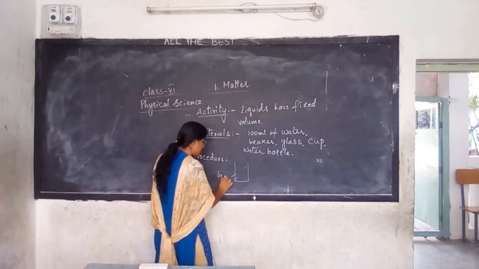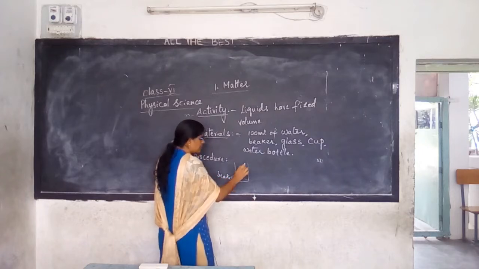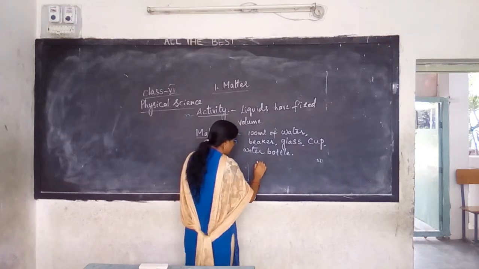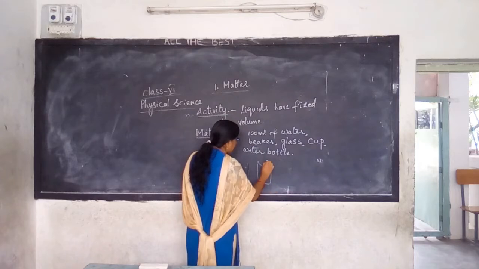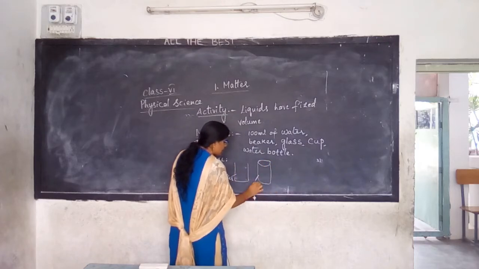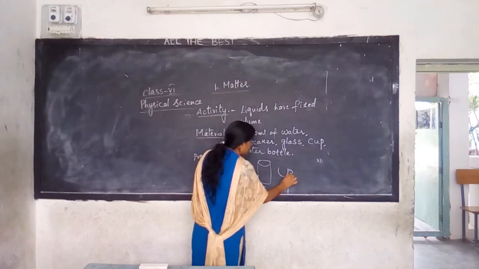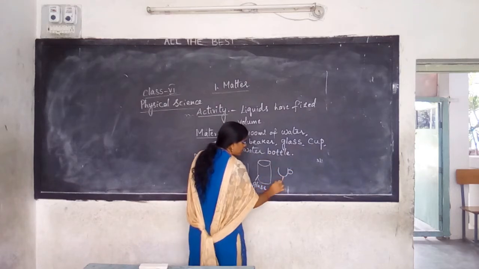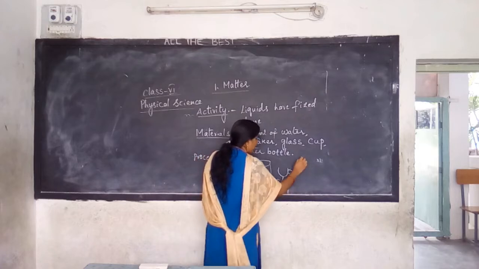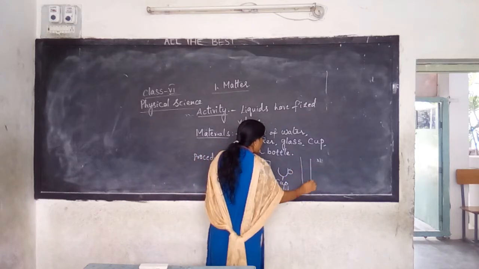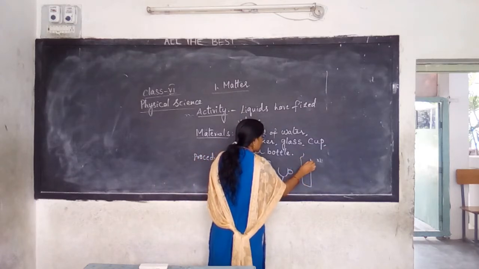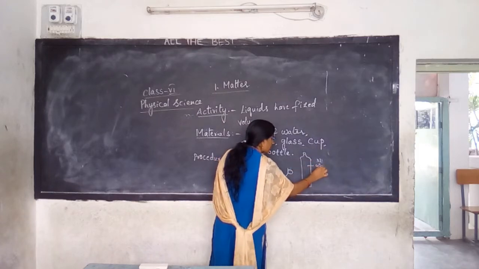This is a beaker. Afterwards I have taken a glass. This is a glass. Next I have taken a cup. The last one is a water bottle. This is a water bottle.